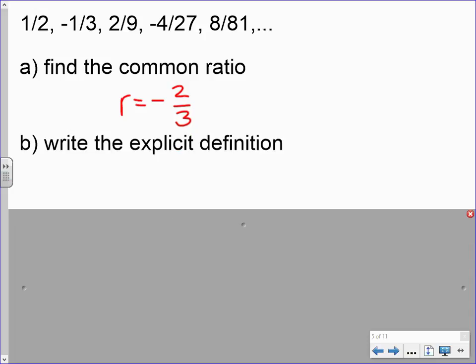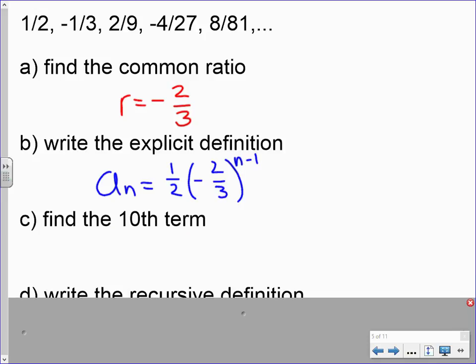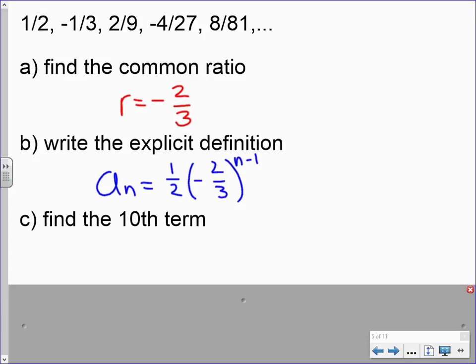So if we are going to write the explicit definition, also known as the nth term, we would write 1/2 times -2/3 to the n minus 1. Go ahead and find me the 10th term, please.